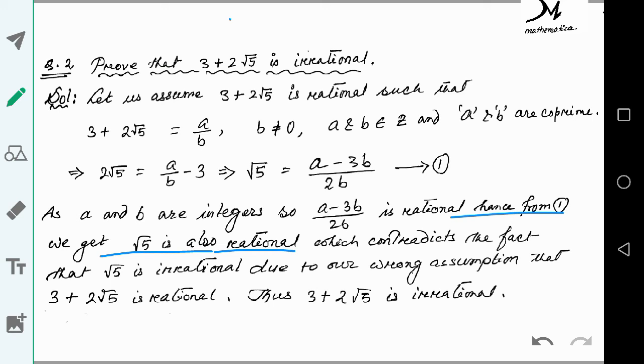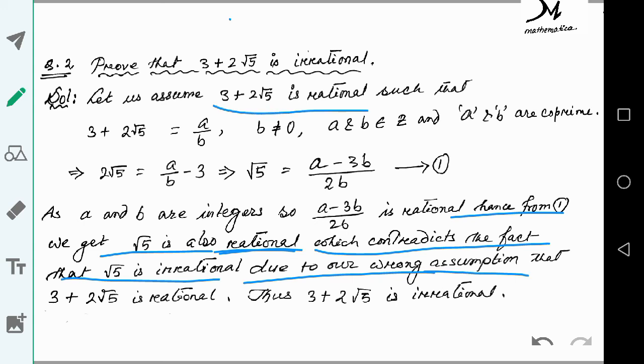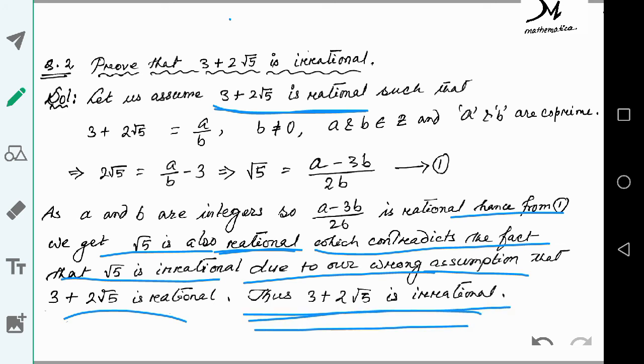We have already proved in number 1 that root 5 is irrational, but now we are getting root 5 is rational, which contradicts the fact that root 5 is irrational, due to our wrong assumption. That means the assumption that we took, that this is rational, was wrong. Thus, what is the correct statement? 3 plus 2 root 5 is irrational.